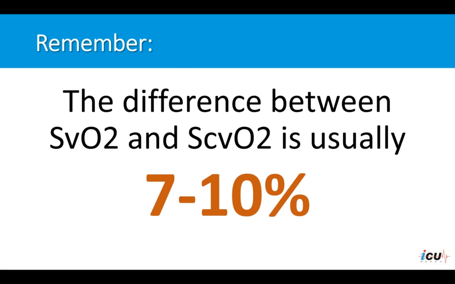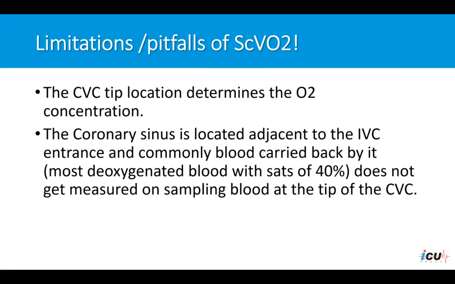As I mentioned, there's a difference between the mixed venous O2 saturation and the central venous oxygen saturation, which is usually between 7 to 10%. There are some limitations and pitfalls of the central venous oxygen. It really depends on the location of the tip of the central line.